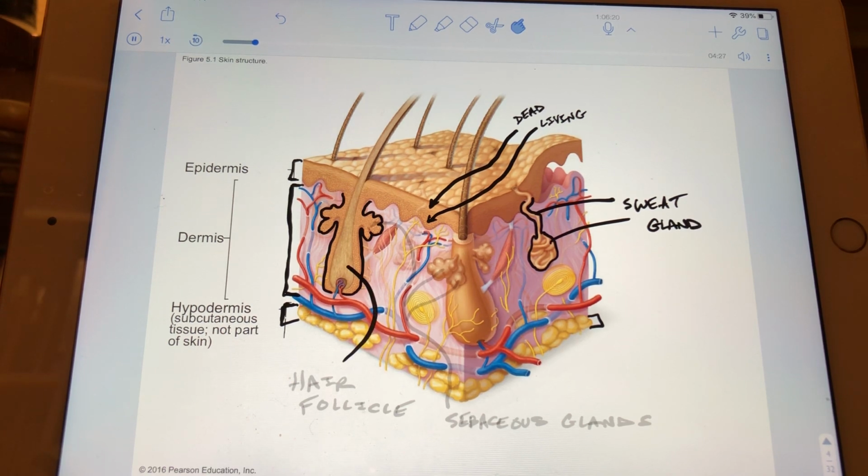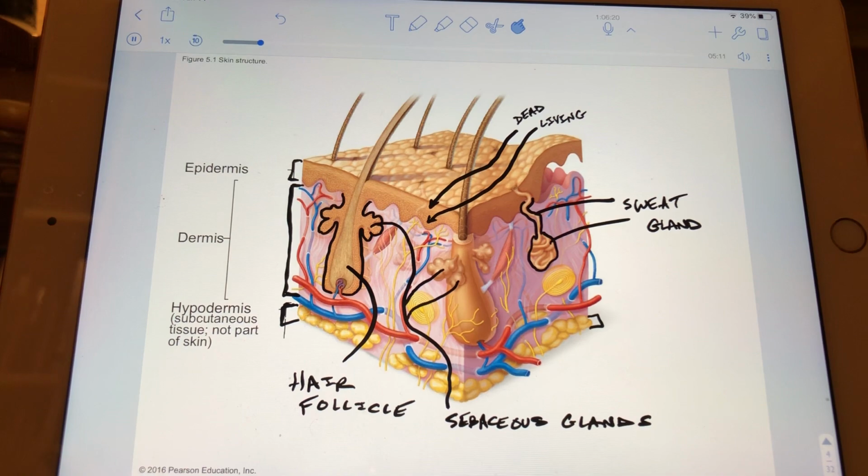Okay, here's a hair follicle. All right, and these sort of nubs associated with the hair follicle are sebaceous glands. Okay, sweat glands, hair follicles, sebaceous glands, they are all derived from epidermal tissue, even though they're housed in the dermis. We'll come back to that later, but students often struggle with that, so I wanted to bring it up sooner than later.